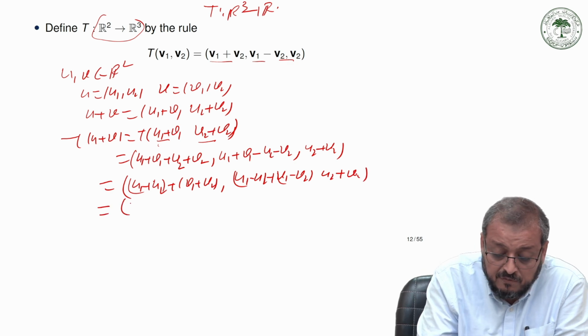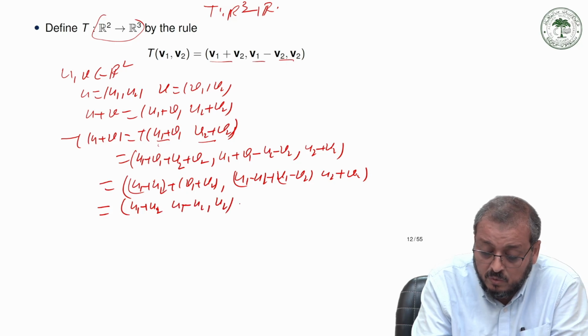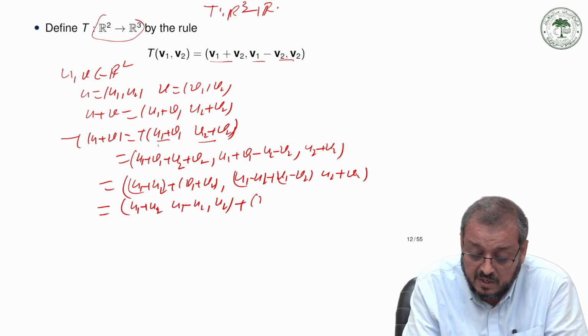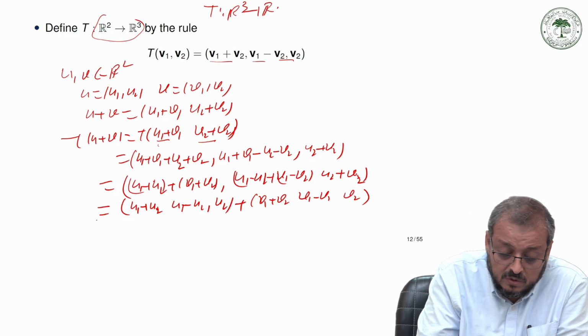Now this can be written in the form (u1 plus u2, u1 minus u2, u2), and similarly (v1 plus v2, v1 minus v2, v2).